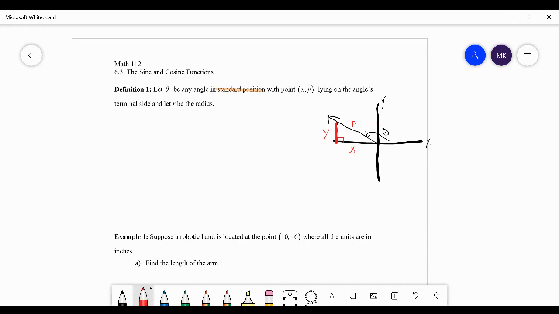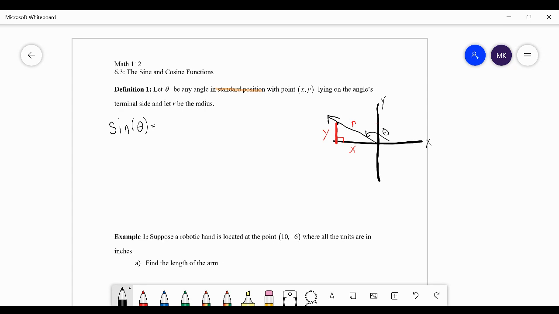What's really cool is that by using this, we can create all of our trig functions based on these x, y, and r values. So we get that sine of theta, since this is theta here, well, we don't really have an opposite and hypotenuse, but we can think about using this angle.